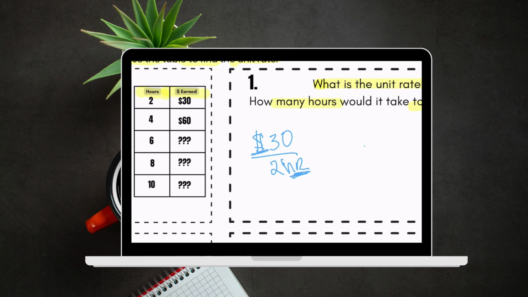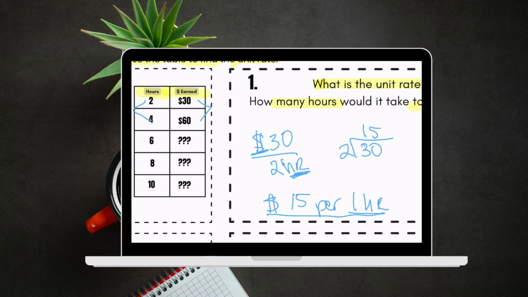And then remember, I am going to divide. Here I'm dividing by 2 because I want to know how much money I would earn in 1 hour, per 1 unit of time. So 30 divided by 2 equals 15, which means I'm going to make $15 an hour. Now when we fill in tables, what's great about tables is they can help us find the unit rate.